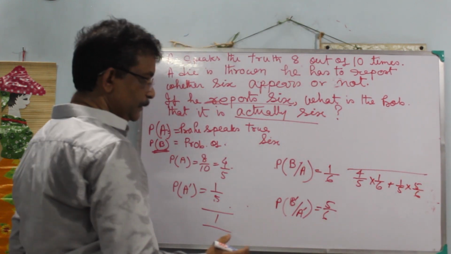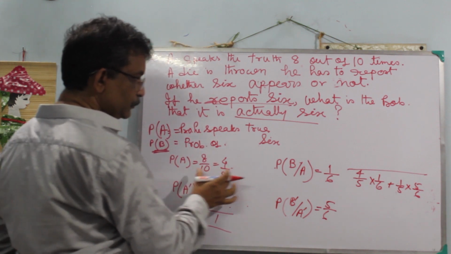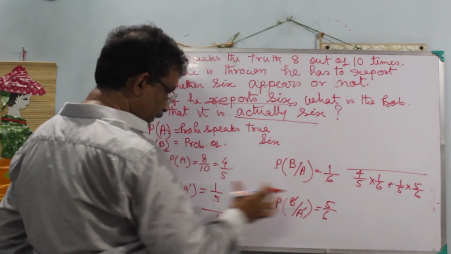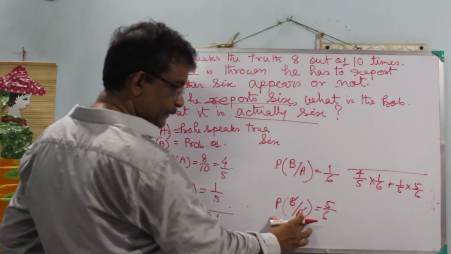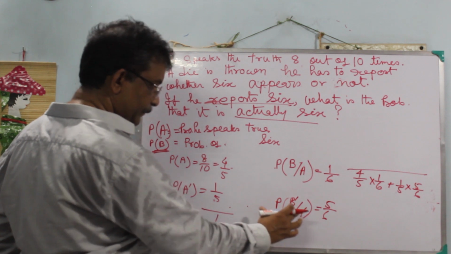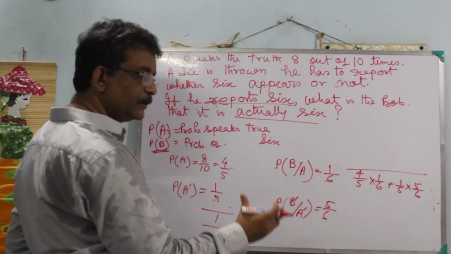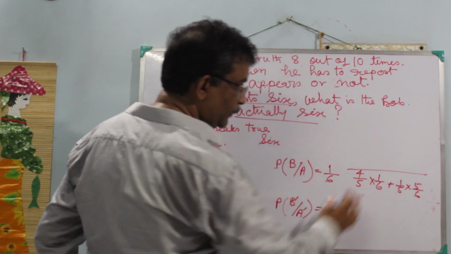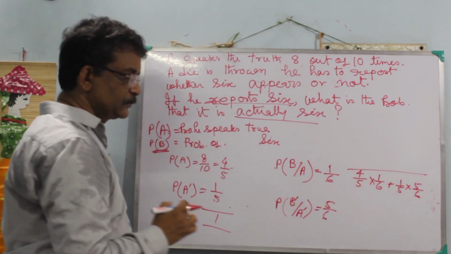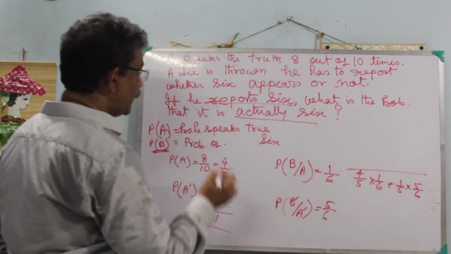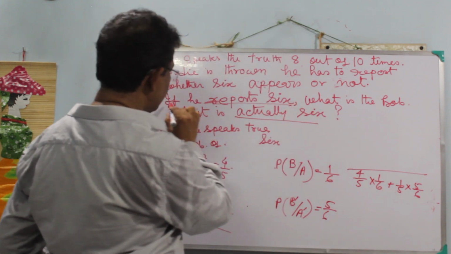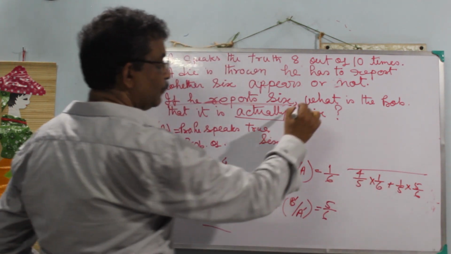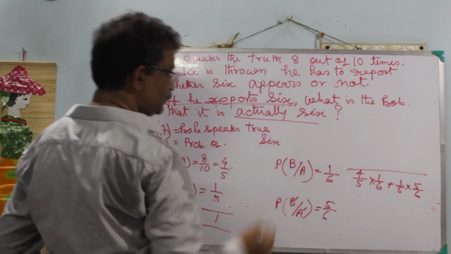Here he speaks true and 6 appears. And here he speaks false and 6 does not appear. So reporting would be 6. So this is in whole the probability of reporting 6, the denominator. What is the probability that it is actually 6?